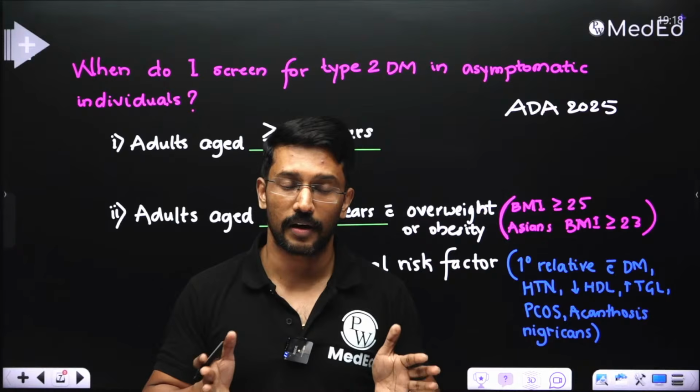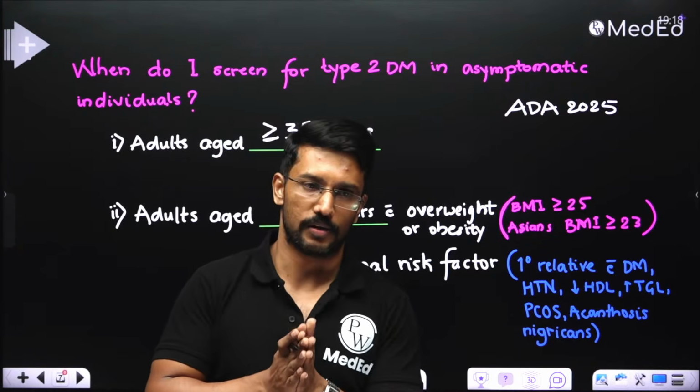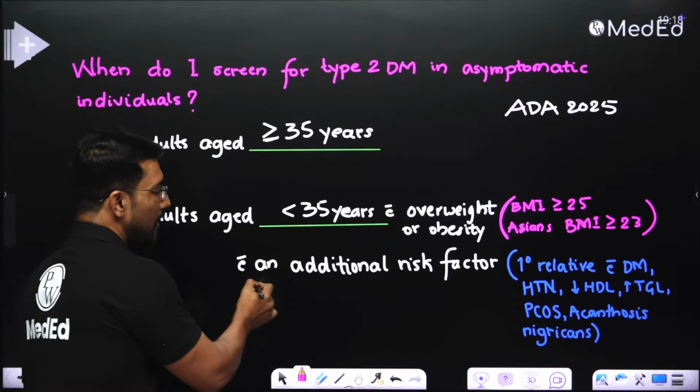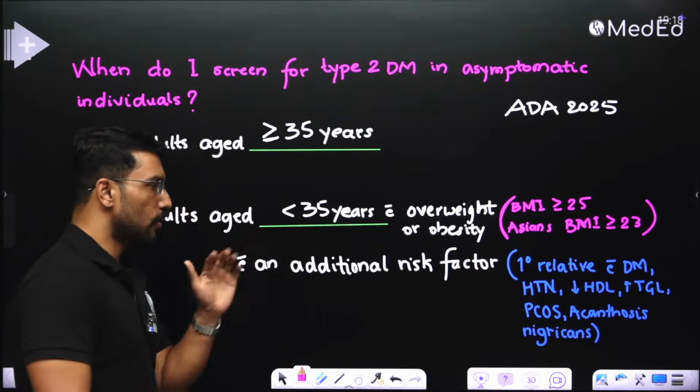Should I go for the screening of diabetes? Absolutely yes. You need to be screened for diabetes, provided you have an additional risk factor. What are those additional risk factors?